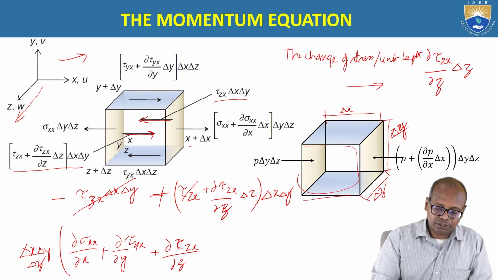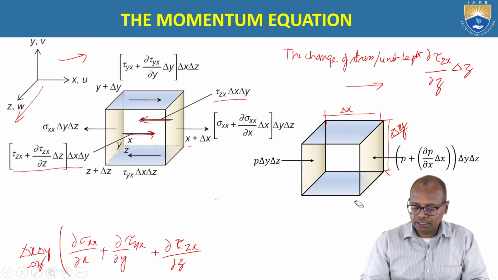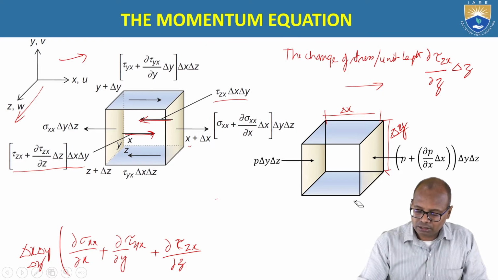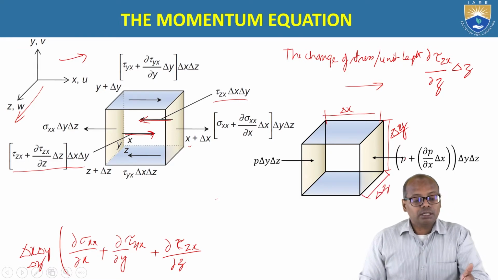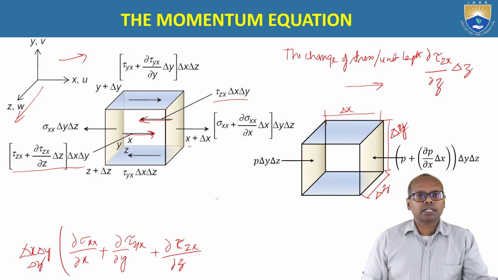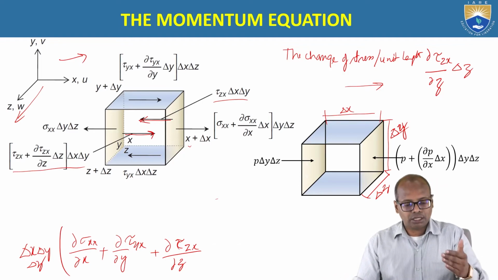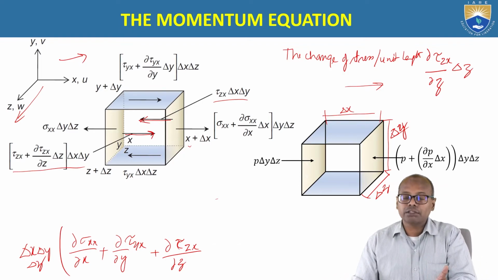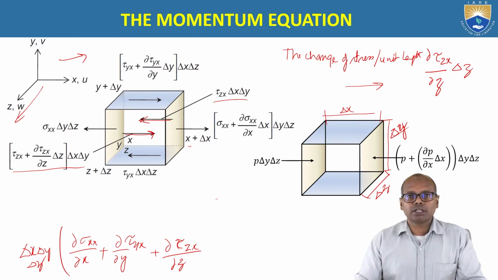Now if I consider the pressure forces, what is happening with the pressure forces? Here, the starting values are acting in the negative direction, the ending values are acting in the positive direction. And here the starting value is acting in the positive direction, the ending value acting in the negative direction.